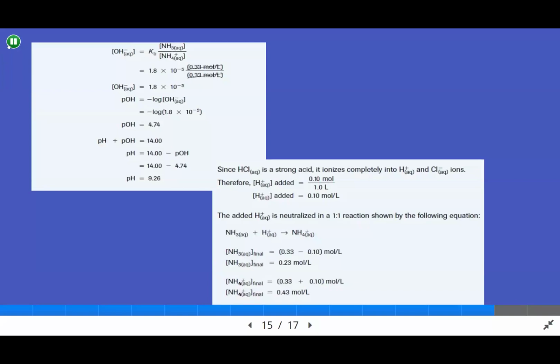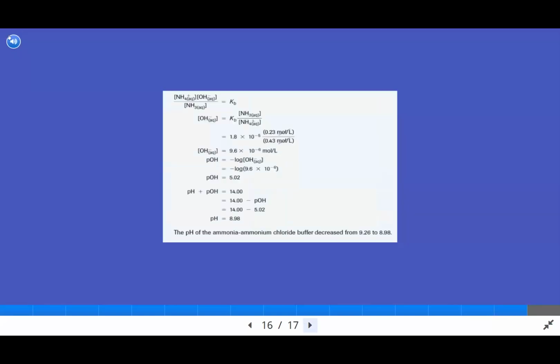Again, here's part 2 and 3 of that same example. And here's the final half of the solution for the same question we went through in the beginning of the lesson, the pH of the ammonia chloride buffer.